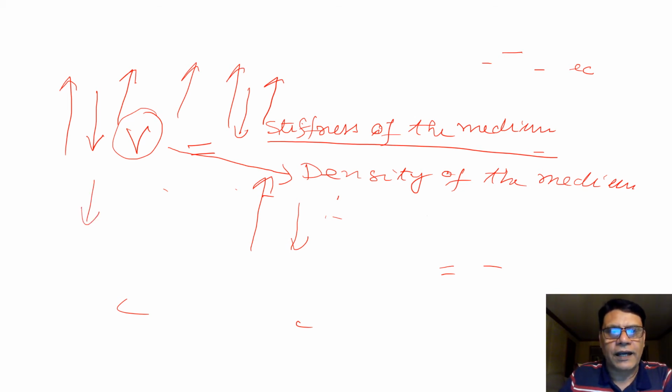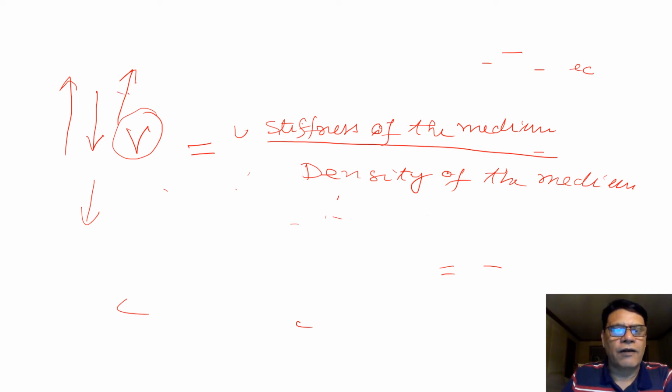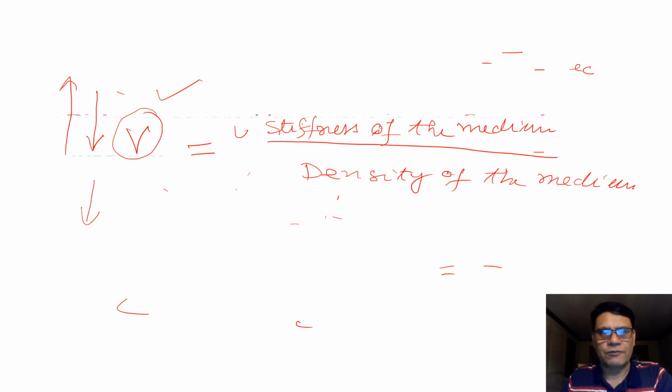So velocity and stiffness are directly proportional, and velocity and density are inversely proportional. And the exact formula is the square root of the stiffness of the medium divided by the density of the medium. It is the main formula for the velocity of ultrasound.